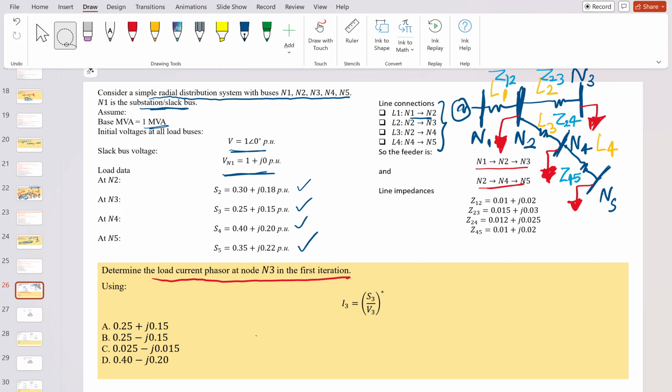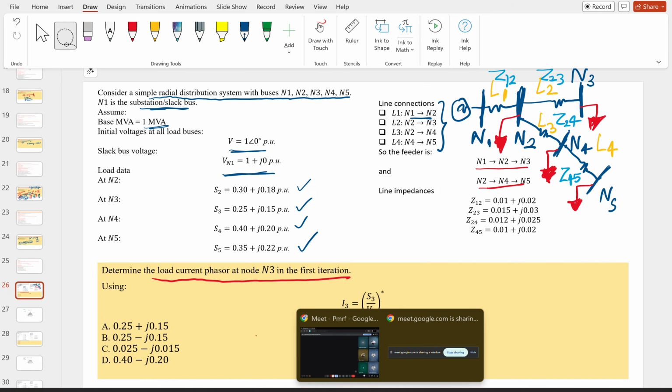Okay, let's see what the correct answer is.